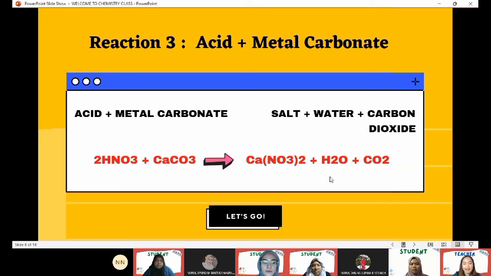For the products, you know the formulas for carbon dioxide and water, so you write water and carbon dioxide first. Then you look at the reactant part. The leftover elements are calcium and nitrate. You just combine these two elements to become your salt. And then please make sure that every chemical equation that you form must be balanced.